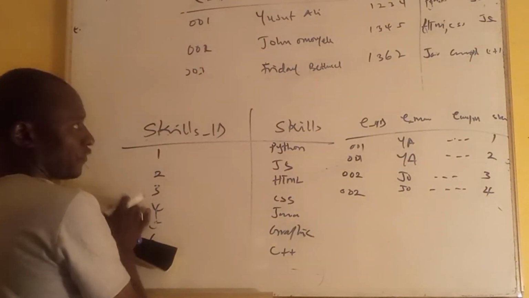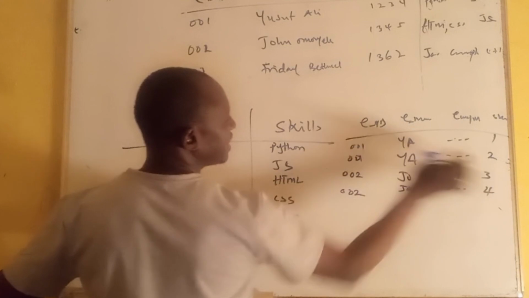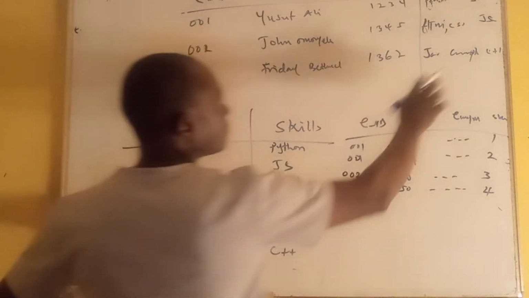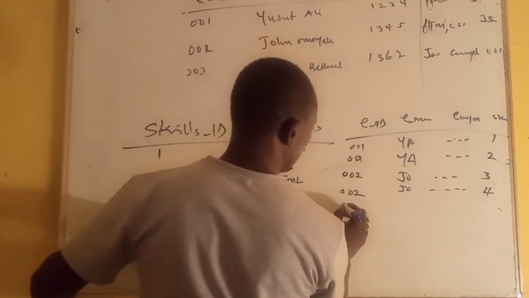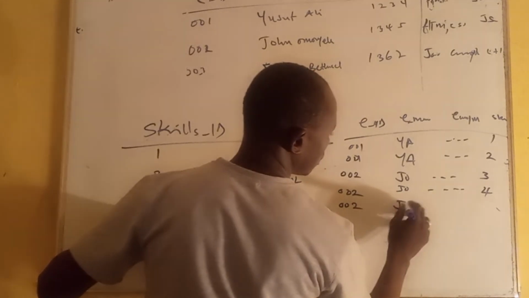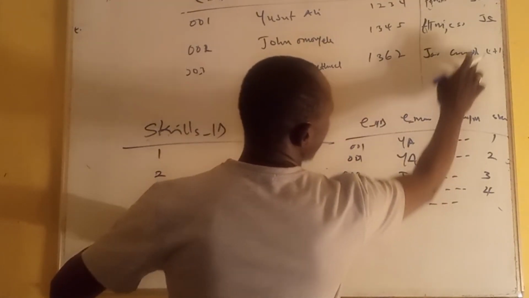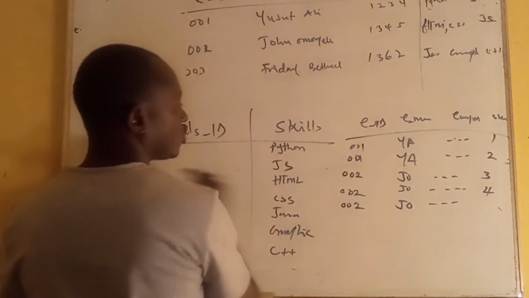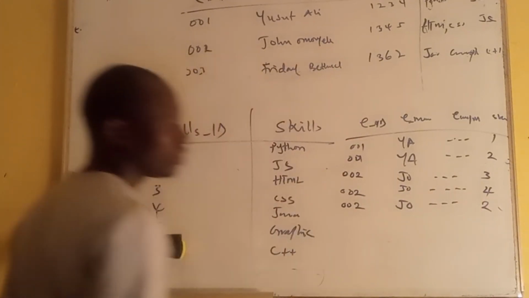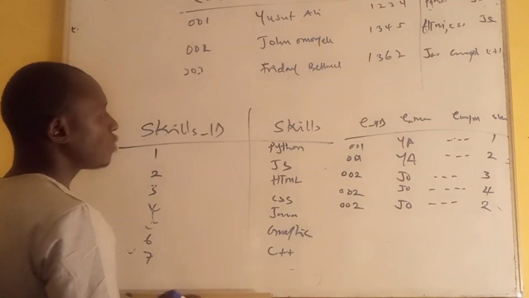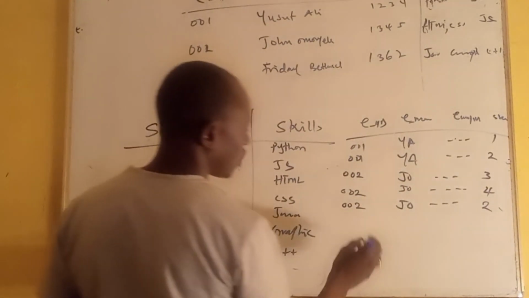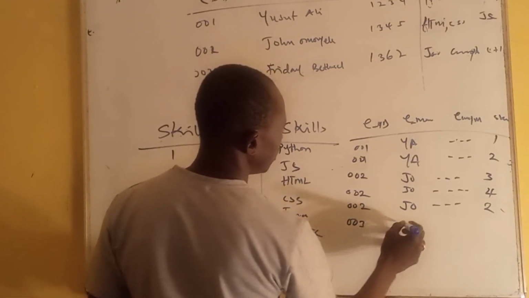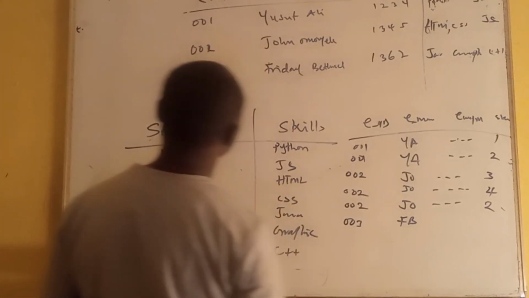So you are only reflecting the primary key here. Again, same John Omoyele, his phone number, and he has a skill of JS, which is 2. Are we together?